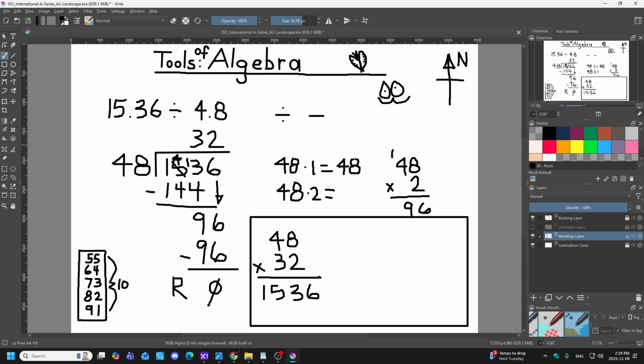Looking at our original problem, we can see where the decimals are. 4.8, that's where the decimal is. 15.36, that's where the decimal is. Now, if you've been watching the series, you will know how I do this. 4.8, okay? This is where I talk about upside down leapfrogging.